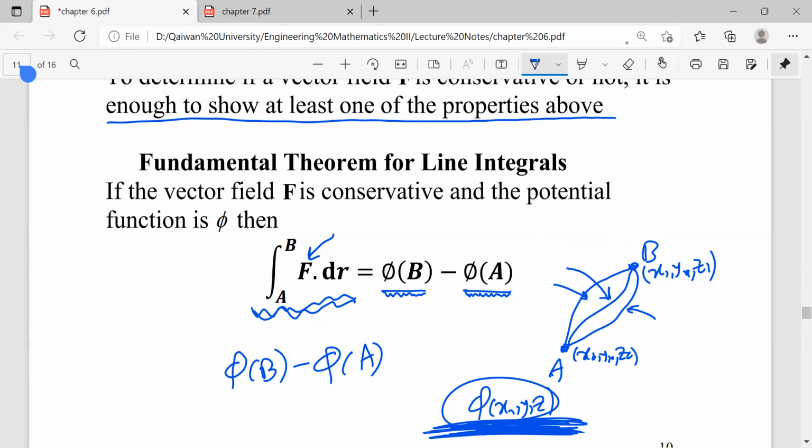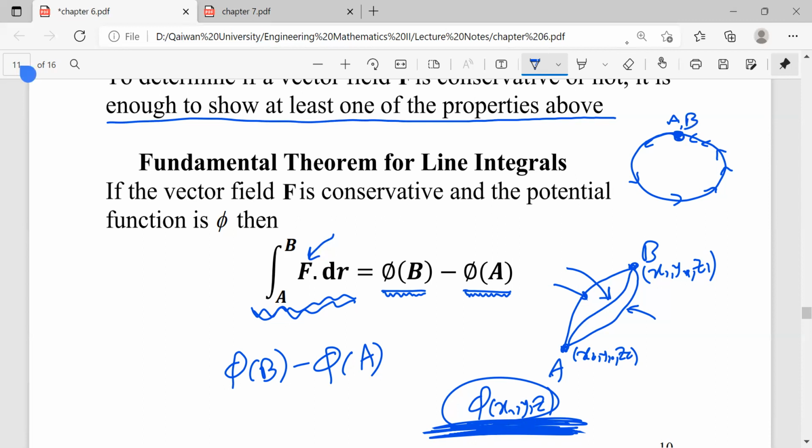And for closed curves, if we have a closed curve, let's say this closed curve, if you go through this curve from this point, what's the destination point? The destination point is the point itself. So B is here also.